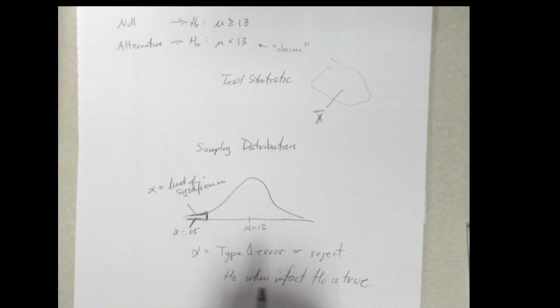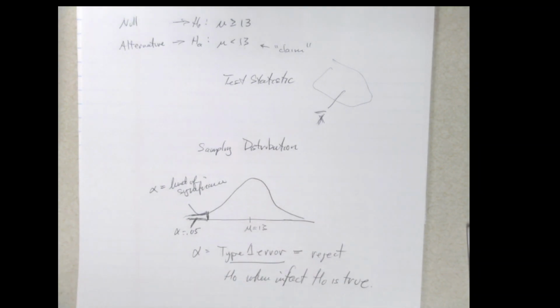So let's think about this type 1 error again. What does that mean? If I took a sample, most of my samples are going to be here. It's only a 5% chance that I'm going to get one in here. So if I do get one, it's likely this isn't true. However, there is a possibility that even if this is true, I do just by chance get a sample that lands over there.